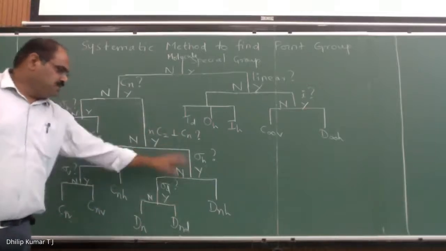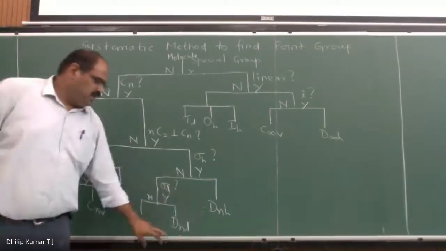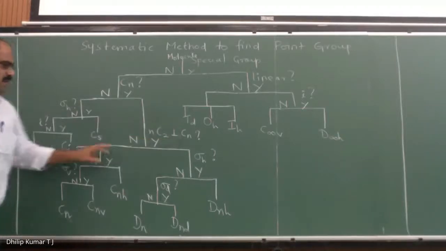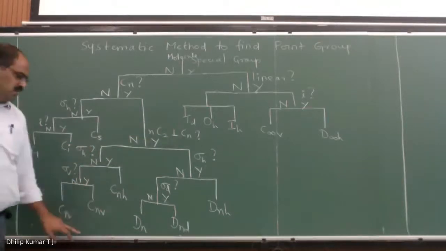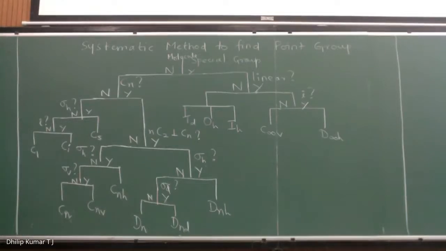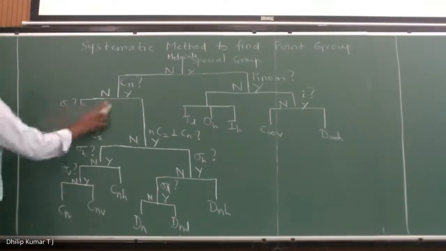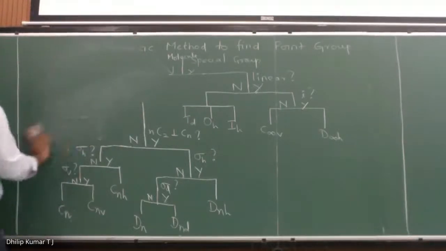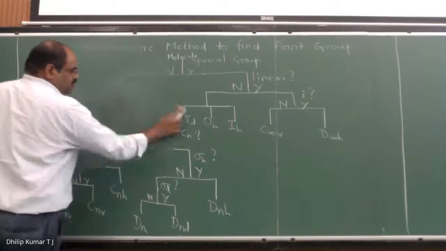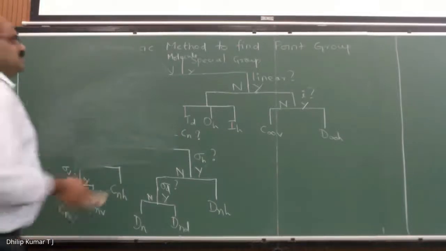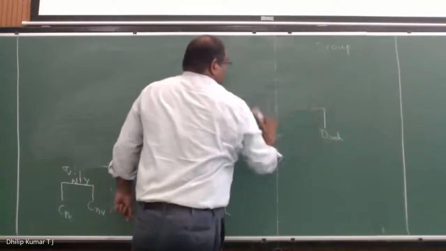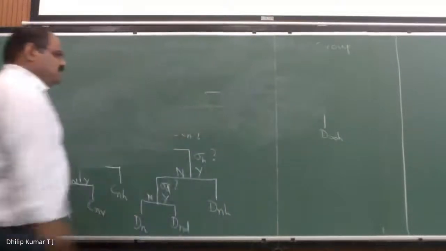And if this property is not there, then we call it Cnh, Cnv, or Cn. You should have seen the examples for each point group. Any group theory book you choose, you will find this systematic flowchart, which you can use.